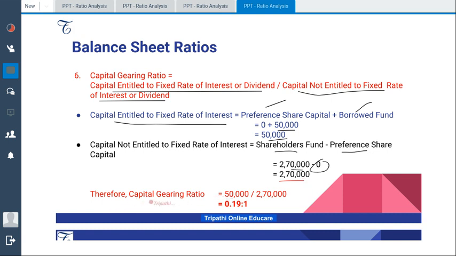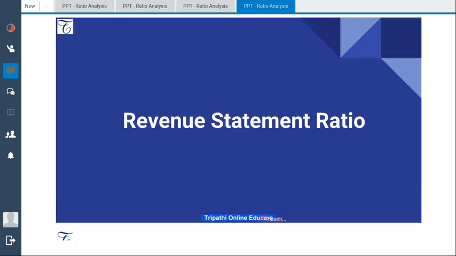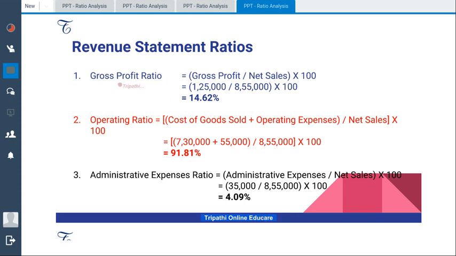So therefore capital gearing ratio is 50,000 upon 2,70,000. So that comes to 0.19 is to 1. So this is how we calculate balance sheet ratios. Now let us go for revenue statement ratios. In that the first one is gross profit ratio.